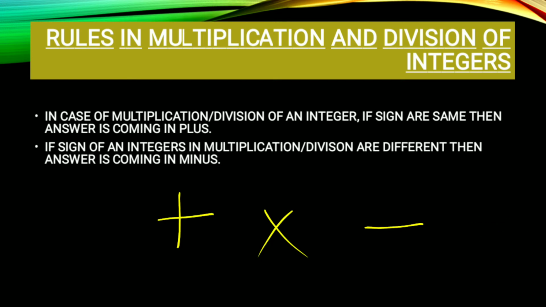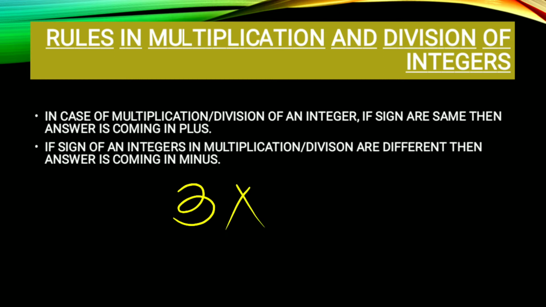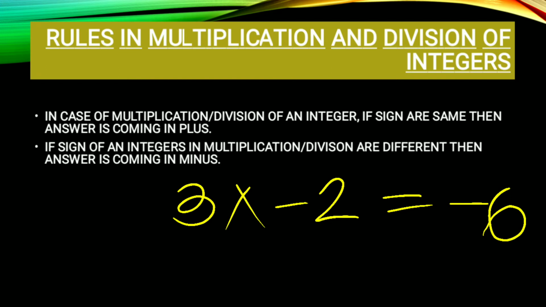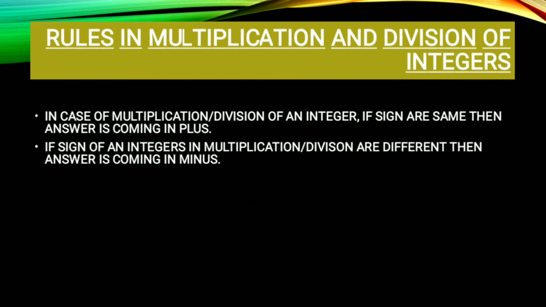So let's understand with the help of an example. You can see here 3 multiplied by minus 2. Both the integers have different signs, so the answer comes to minus 6. Let's take one more example related to division so you can understand in detail. For example, minus 28 divided by 7.